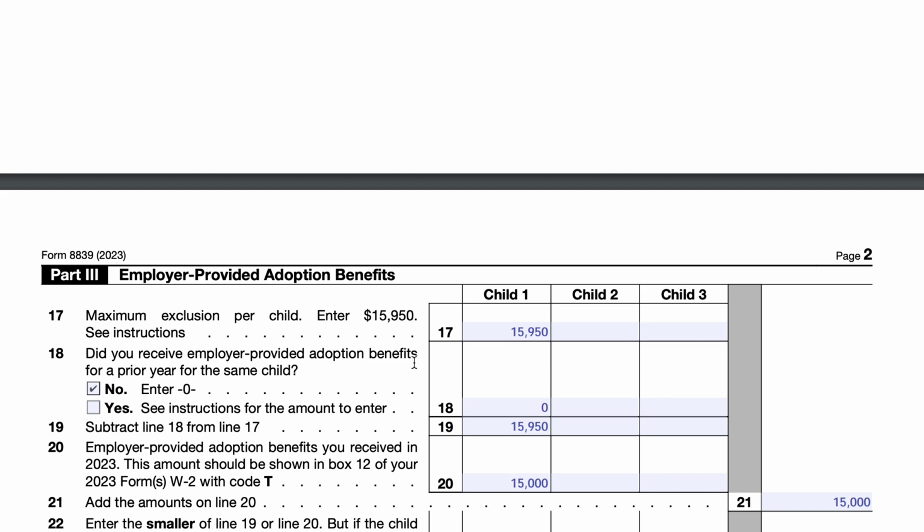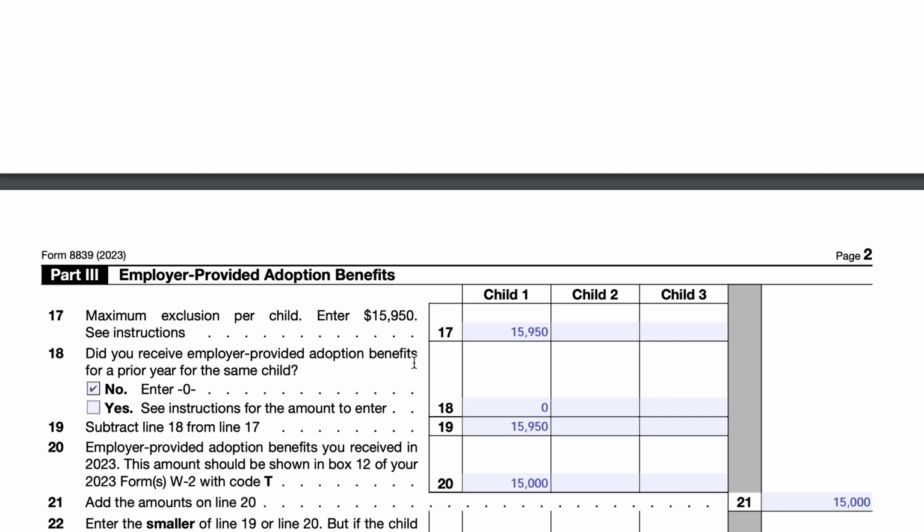So generally speaking, if you received employer provided benefits in a prior year, then that limits the amount of benefits that you can exclude from income in the current year. However, if you adopted a foreign child, then you can bring certain adoption benefits forward into the current year.